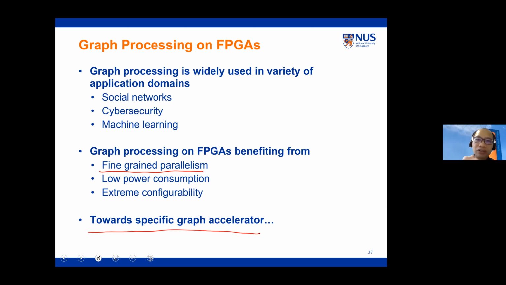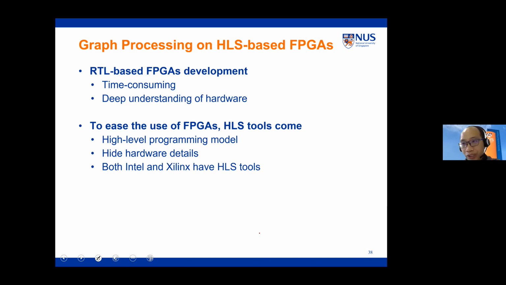But this will be a longer-term goal. FPGA can be used as an intermediate step towards this long-term goal. That's why we want to do that. But before that, on how we use the tool, there's still one decision we need to make.